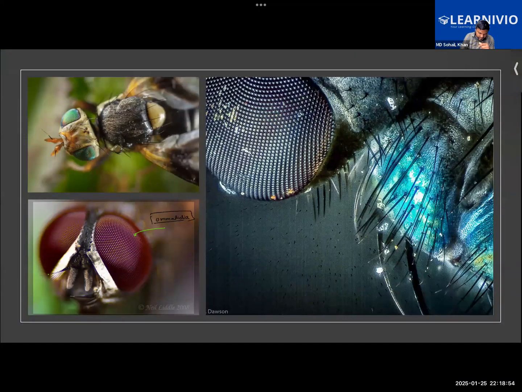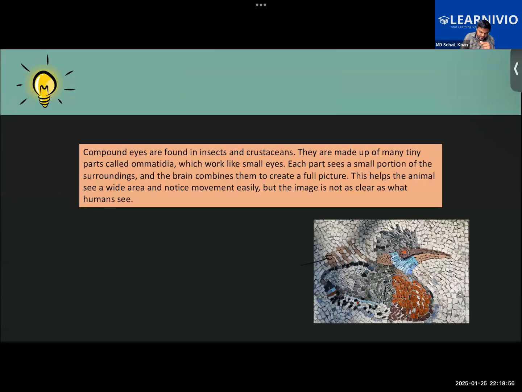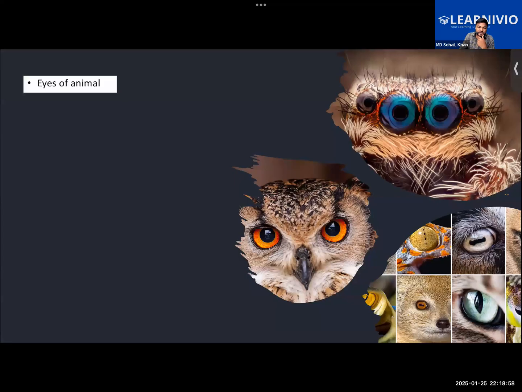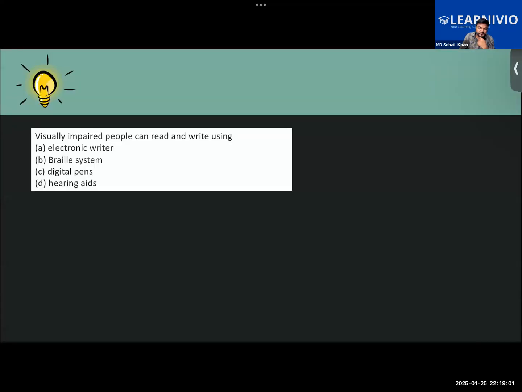Further, you guys tell me how the eyes of animals are adapted, particularly how the eyes of nocturnal animals are adapted. An increased amount of rod cells, and a larger pupil.